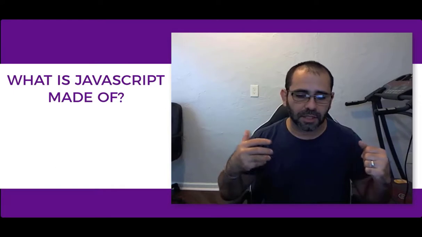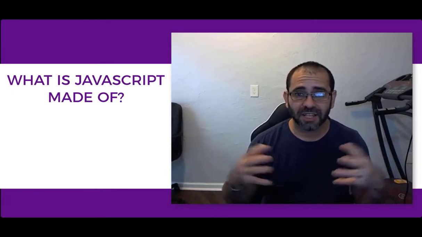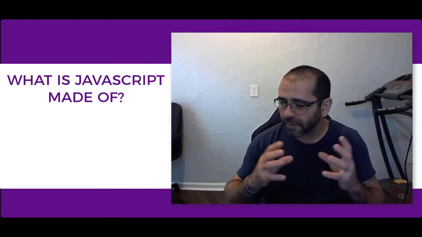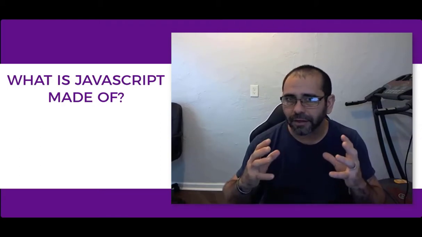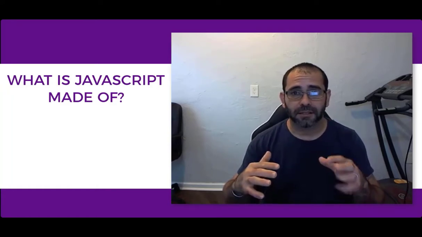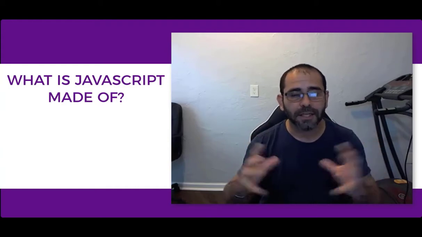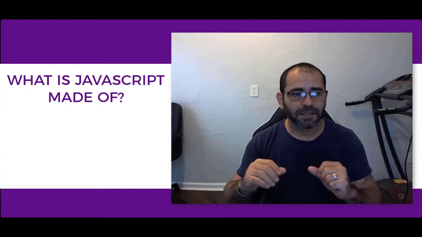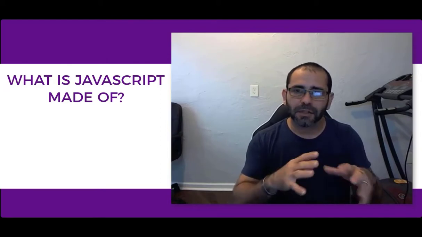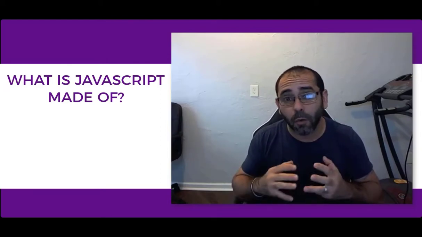There are so many things to take into consideration on what puts JavaScript together as a language, but I think I've been able to simplify things to three classifications or three main groups. I think that's important because it helps you understand exactly what these groups are, what they do, and what they're for.